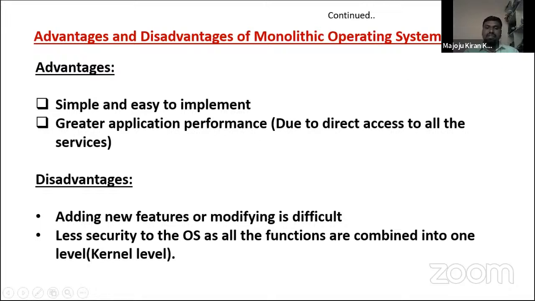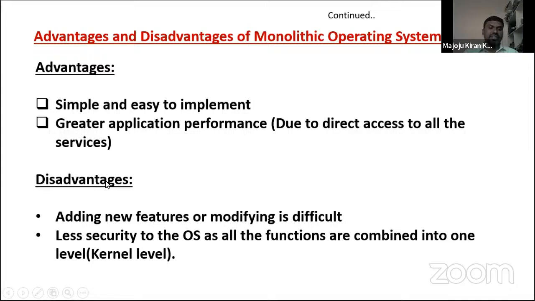If applications want to interact with any hardware, there is only one middle layer, that is the monolithic kernel. There is only one level between the application and the hardware. Obviously, the performance is greatly improved.